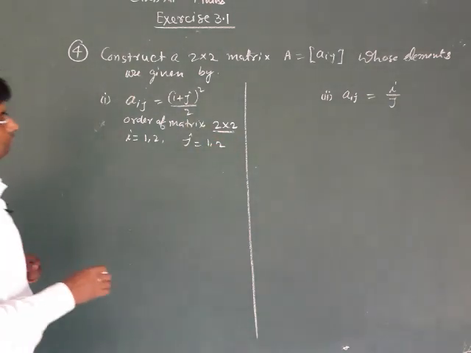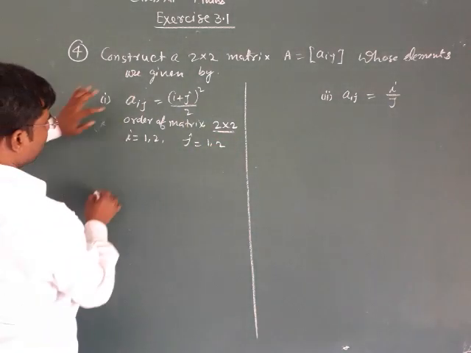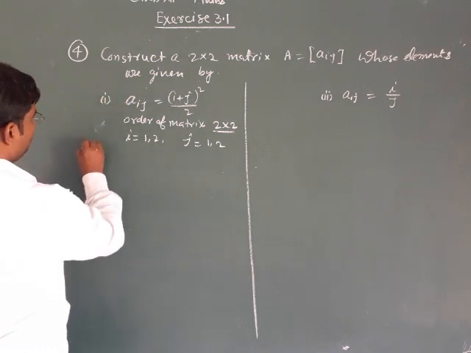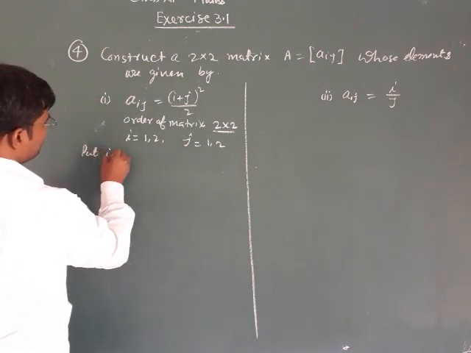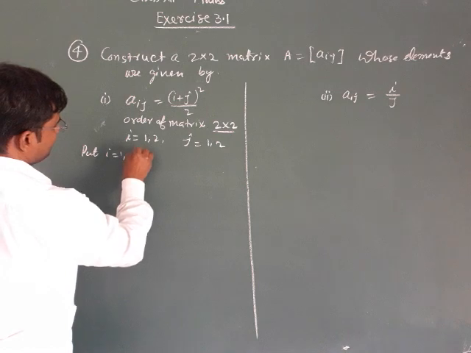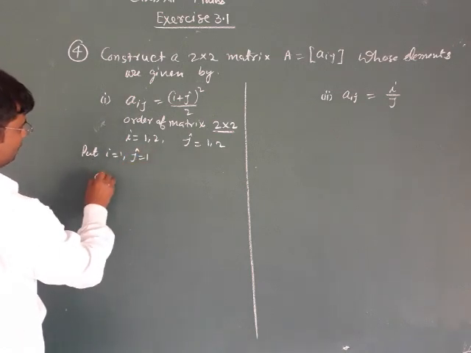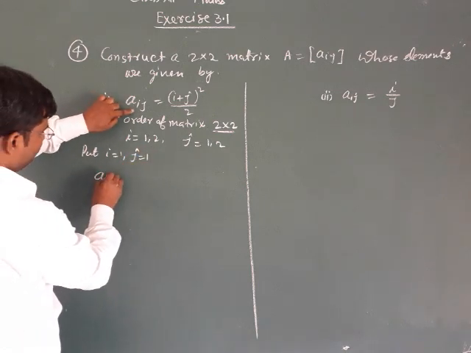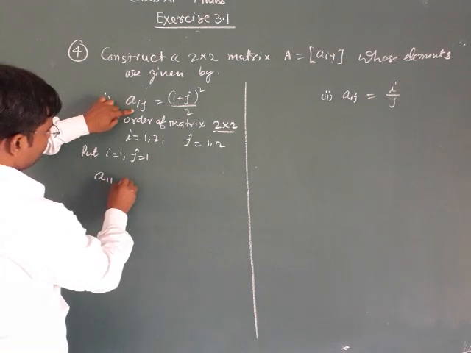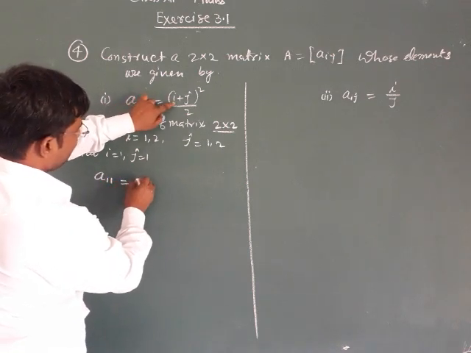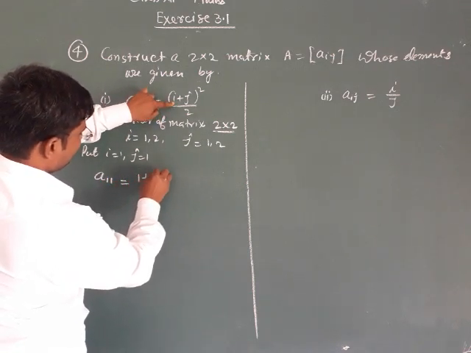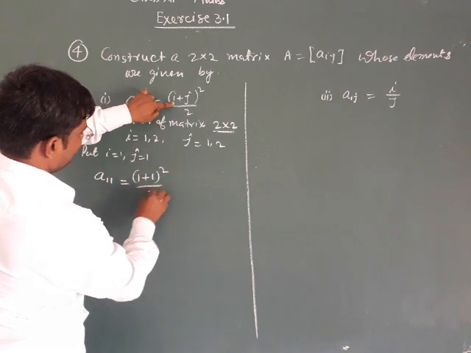So first we put i is equal to 1, j is equal to 1. So a11: i plus j, (1 plus 1) whole square upon 2.